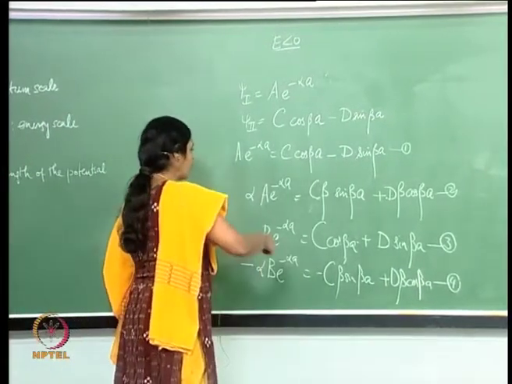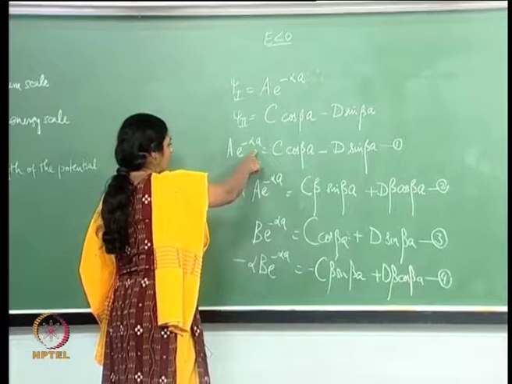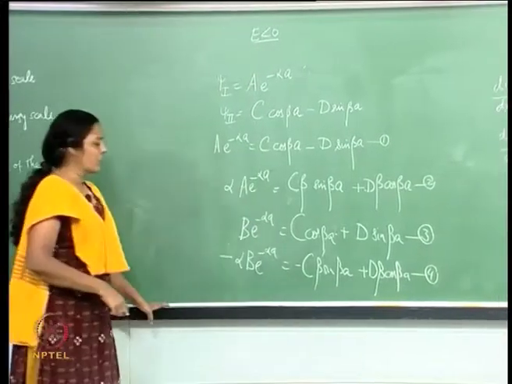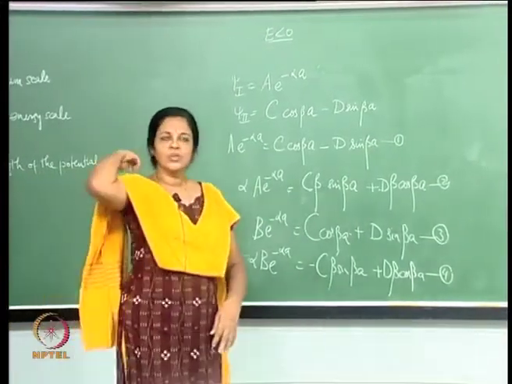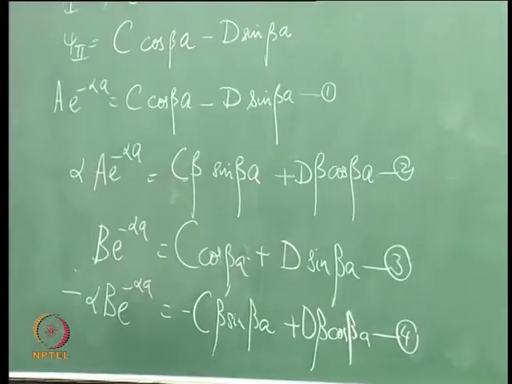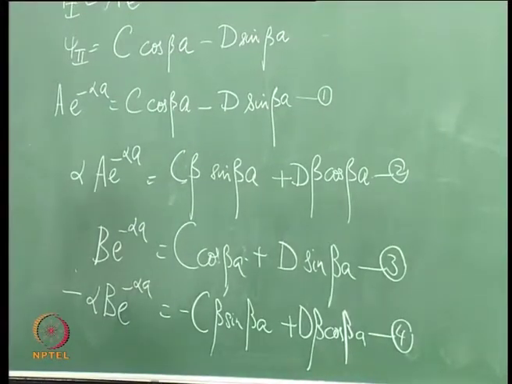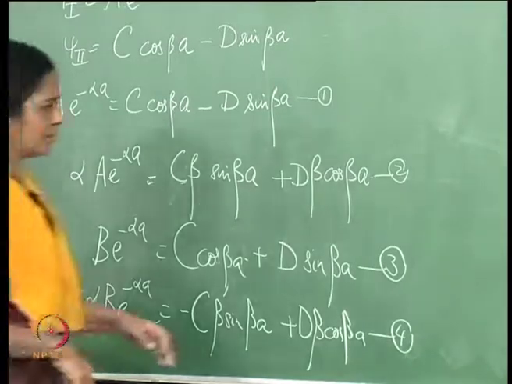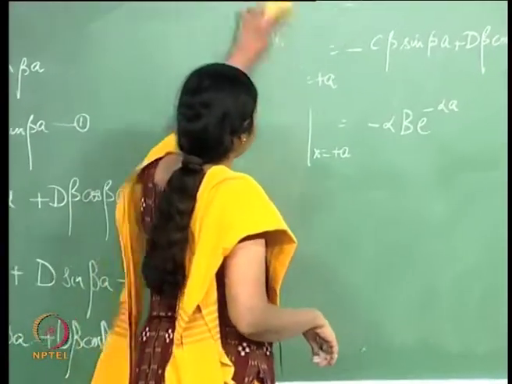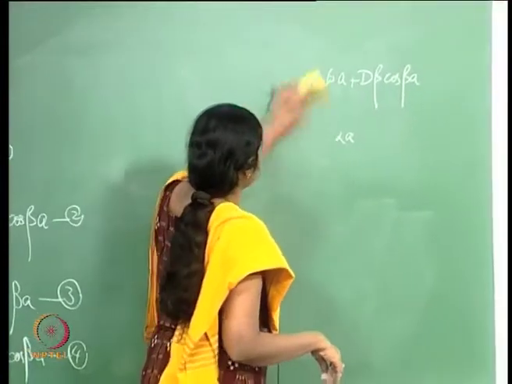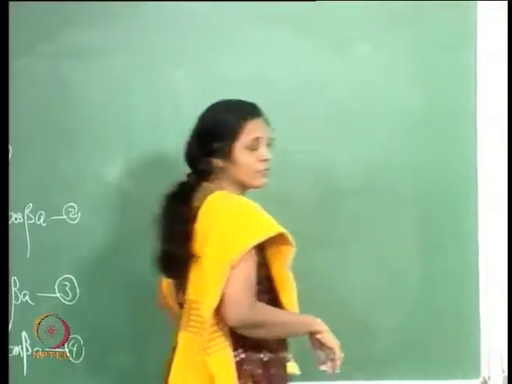The upshot of the whole thing is this: I will have to work with these four equations and fix values for C, D, A and B, find solutions, and see if they are consistent. In fact, two types of solutions emerge.